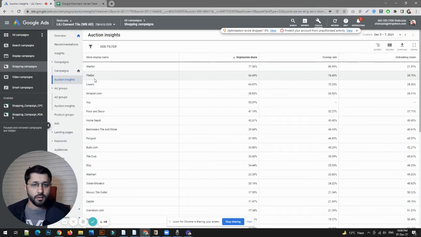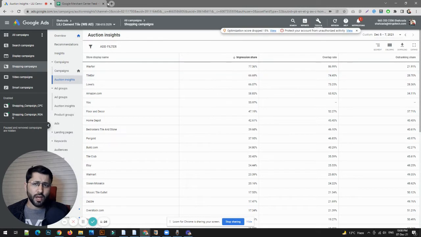So if they are running display campaigns, what type of display ads they are using. In the case of shopping campaigns, you can even check the titles of their shopping feed that they are using, as well as the descriptions that they are using. So a lot of nifty information can be found within their tool.